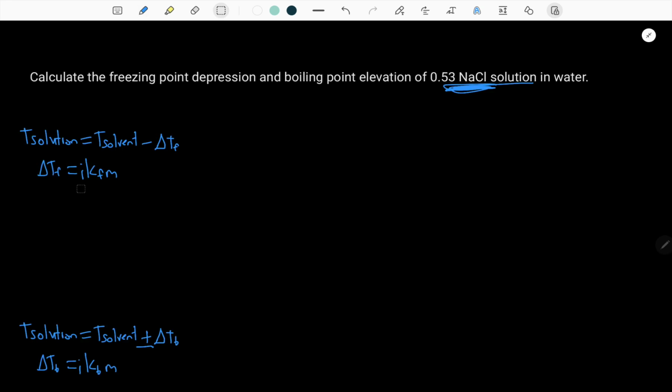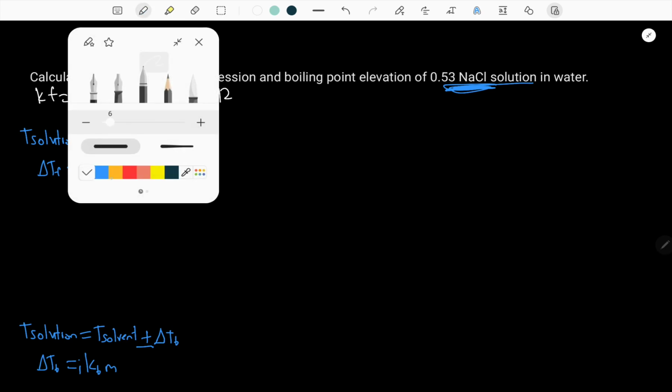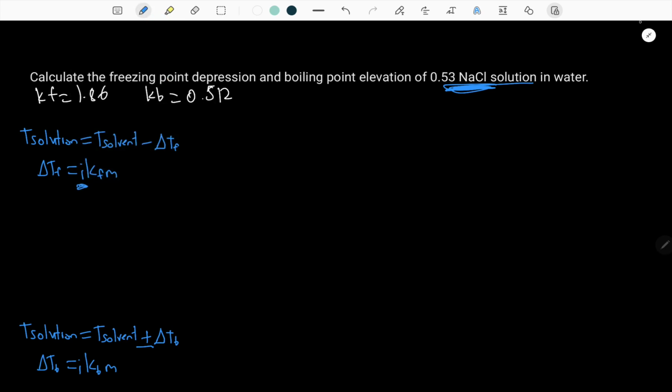Everything is going to be the same, except that in the delta Tf formula you multiply by the number of ions, which is 2 in this case. Now let's write it out. These are the Kf and Kb constant values. We substitute them here and find the answer. After substituting we get this, and the final answer for freezing point depression is 2 Celsius.